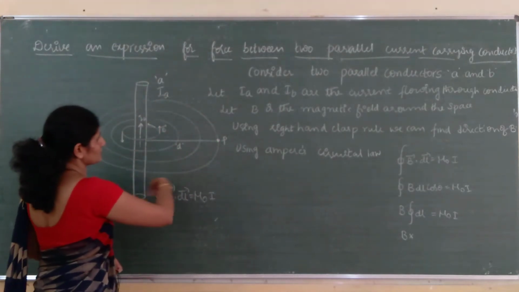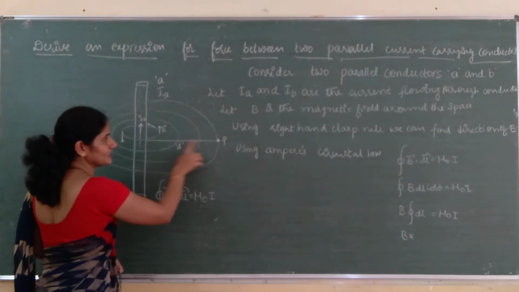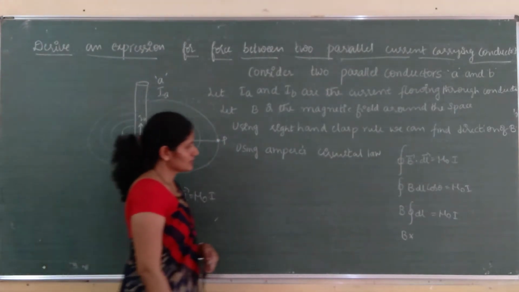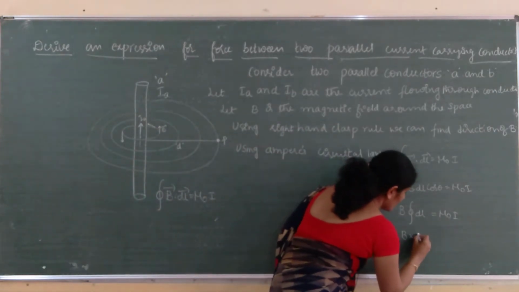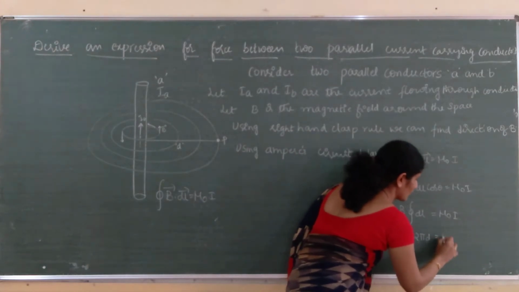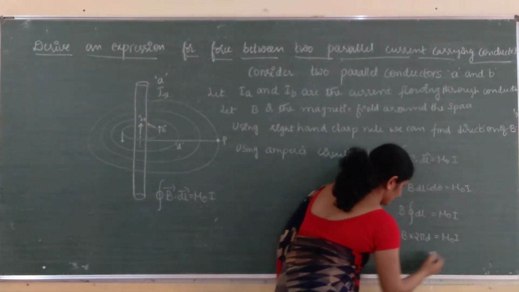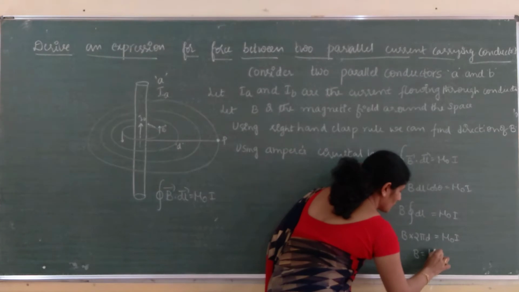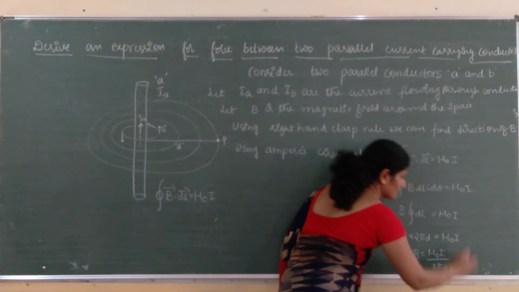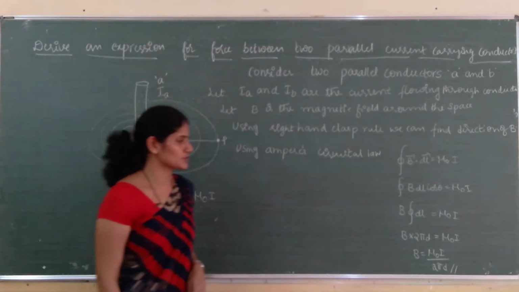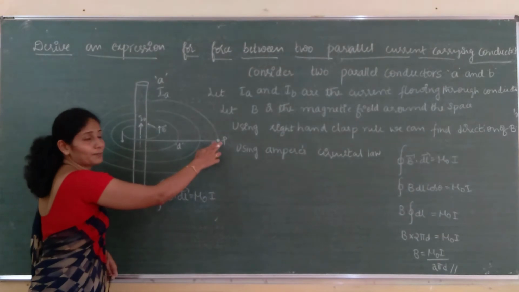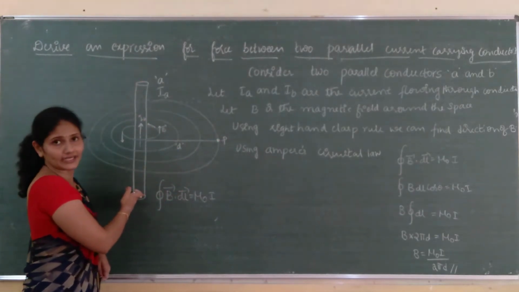Here the circumference of the circle is 2 pi d, where d is the distance. So, B into 2 pi d is equal to mu naught into I. So, B is equal to mu naught I divided by 2 pi d. This is the expression for the magnetic field at a point P due to the conductor A.